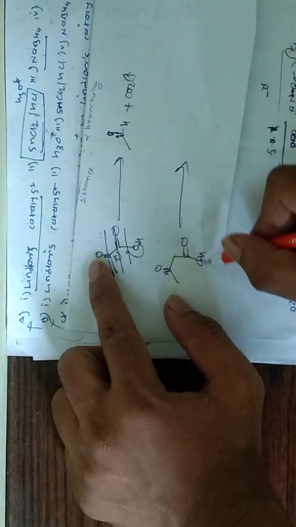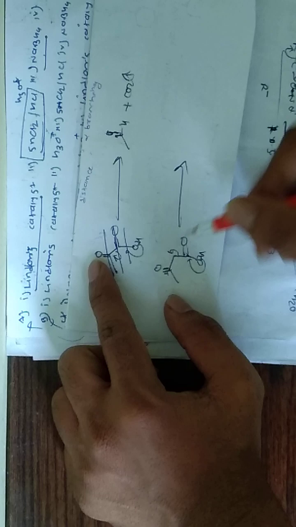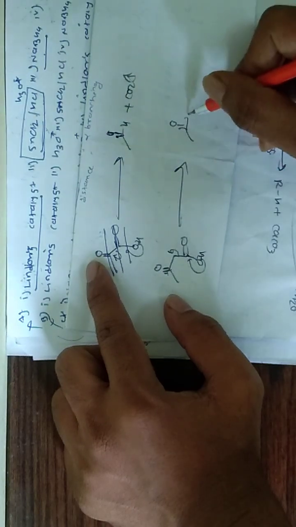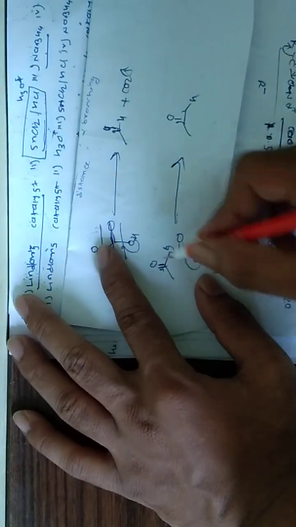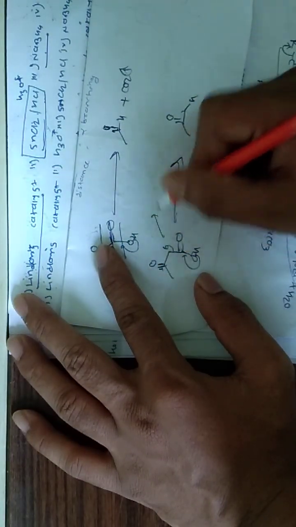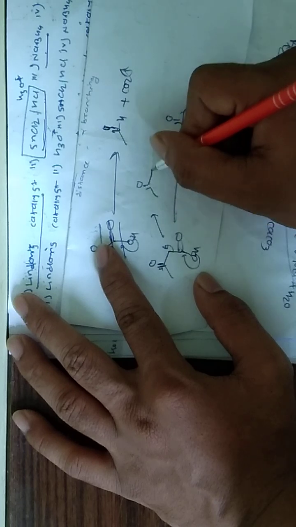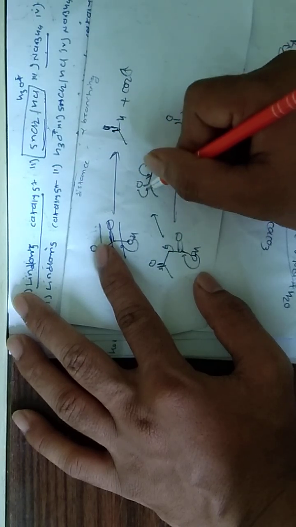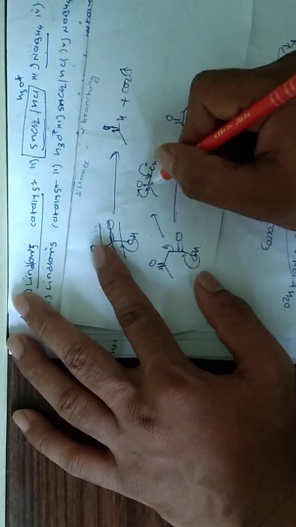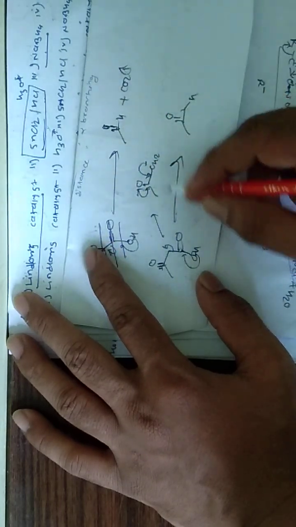It will simply decarboxylate to give ketone. Why will this happen? Because negative charge is formed here. If you see here, negative charge will form on that carbon. So this will be very stable due to resonance.